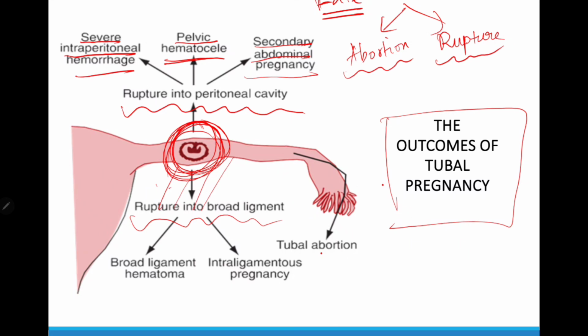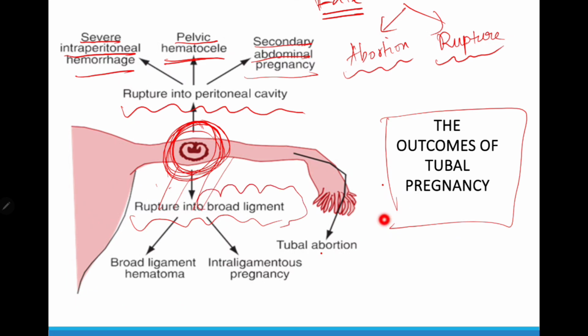There can be severe intraperitoneal hemorrhage, it can be very severe, then pelvic hematocele, and secondary abdominal pregnancy.